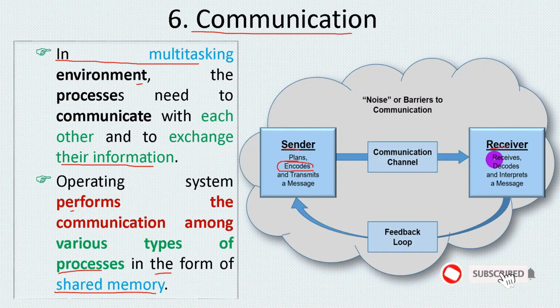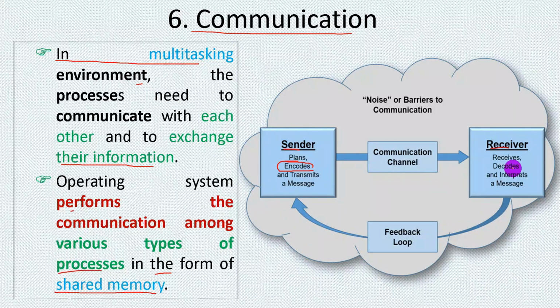Then the receiver receives the message sent by the sender. Then it decodes, which means it recovers the original message, because this message or data was transformed to an electromagnetic wave, microwave, or by any means to a transmittable signal.